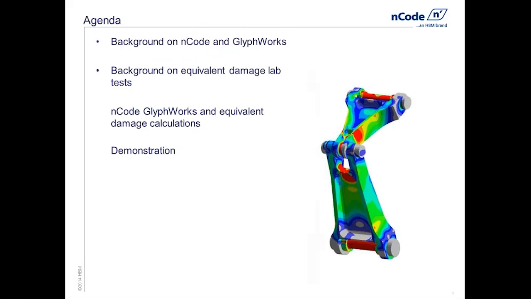How do we ensure that this new test spec has the same amount of damage as our in-field damage? And then I'll finish up with a live demo so that you can see everything I'm talking about in action. We'll actually get in the software and click around a little bit.